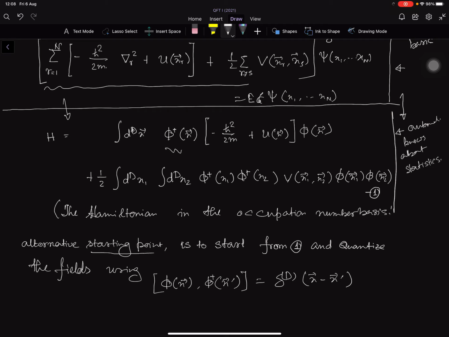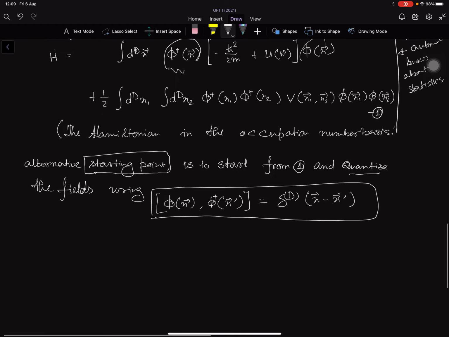But what I said last is a completely alternative starting point, and it has nothing to do with what we have discussed up to this point. In this starting point, you forget about everything that we have discussed by now. You just think that this is some classical Hamiltonian in terms of some given classical fields phi's and phi daggers. We start from this Hamiltonian and just quantize it using this canonical quantization relation.